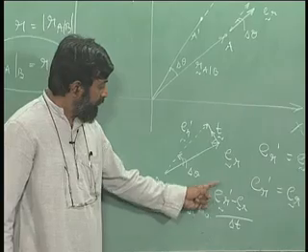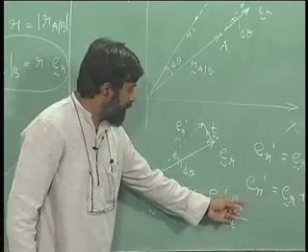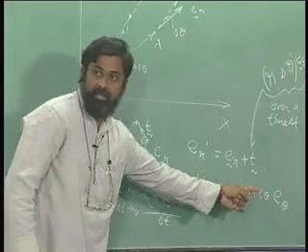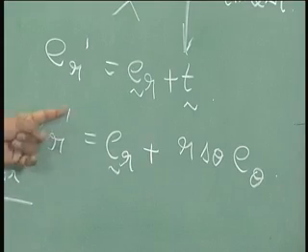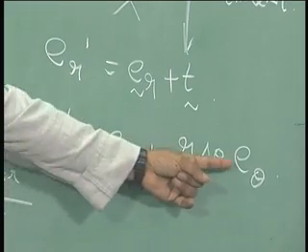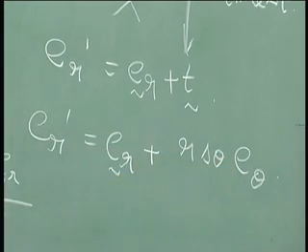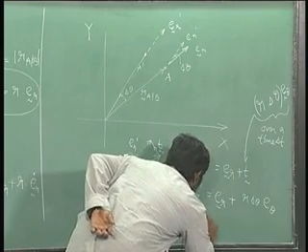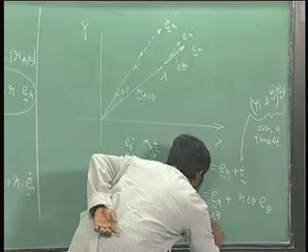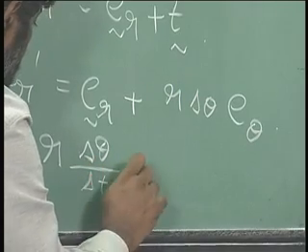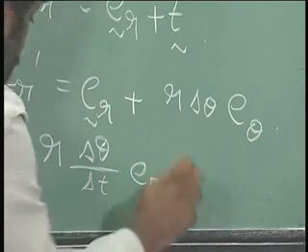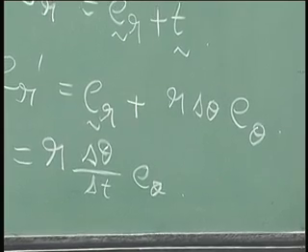Okay. What is ER prime equal to? It is nothing but ER plus r delta theta E theta, or in other words ER prime minus ER is equal to r delta theta E theta. So, what we get here is r delta theta by delta t E theta. Okay.